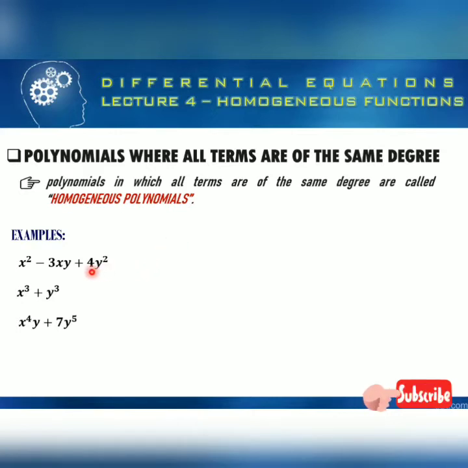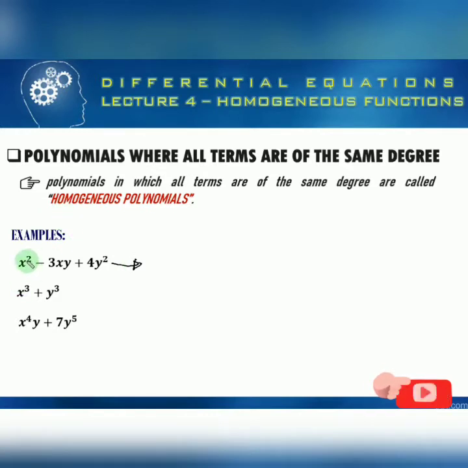From our examples, we actually have three. We will discuss first x squared minus 2xy plus 4y squared as our first example. Based on this, we have three terms: the first term, x squared, the second term, 2xy, and the third term, 4y squared. We will examine each term.